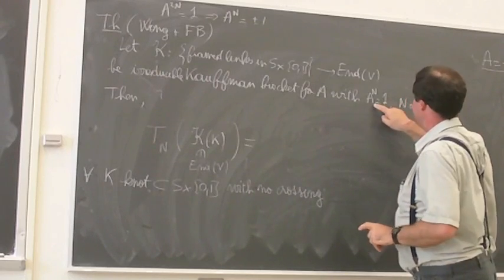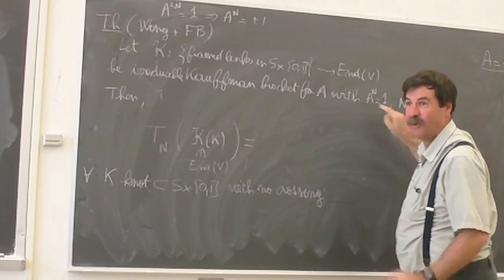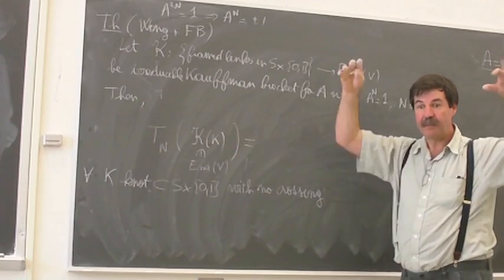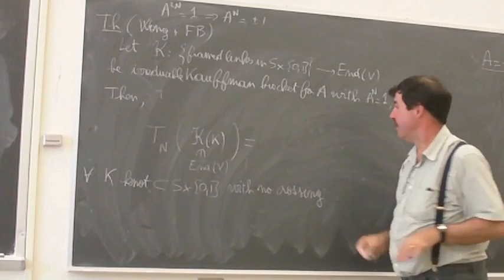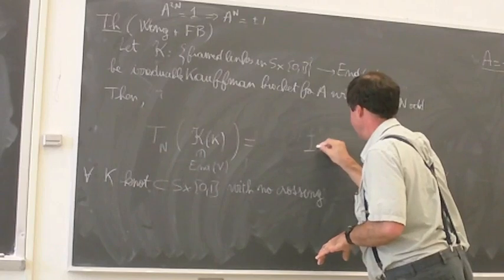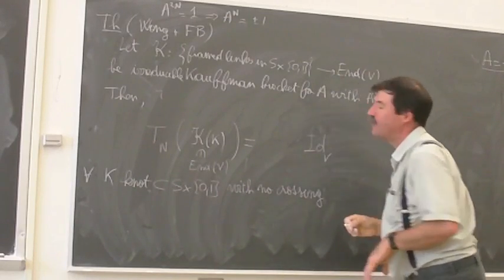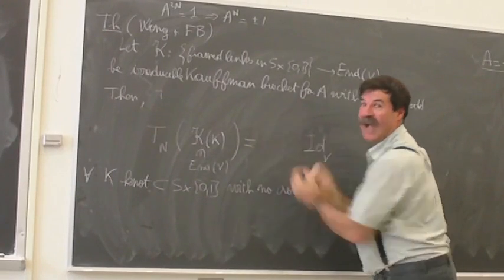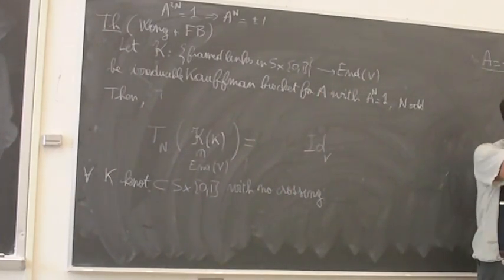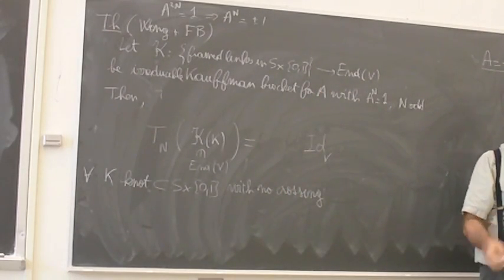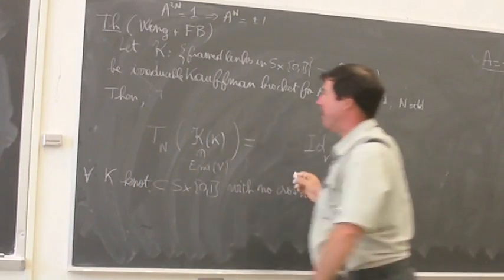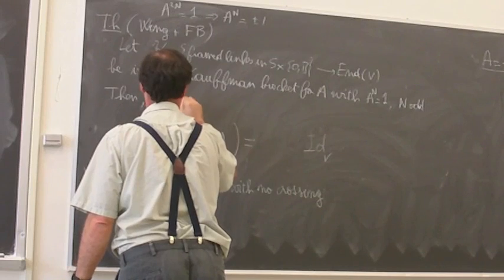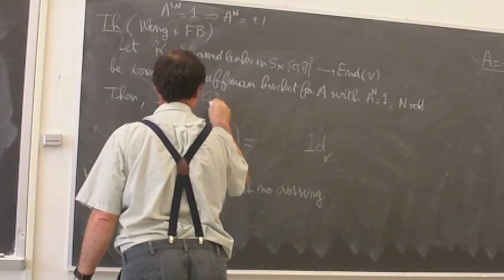But I haven't used the fact that A to the n is equal to 1. So on the computer, on Mathematica, you plug that in, and then everything disappears. And you find the identity. Not quite. You find the identity of V times a number. Namely, outside of the diagonal is 0. On the diagonal, you have all the same terms. And what these terms are, then, there exists a unique R in my character variety.